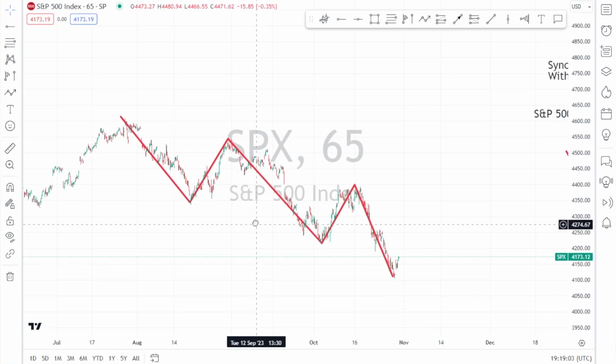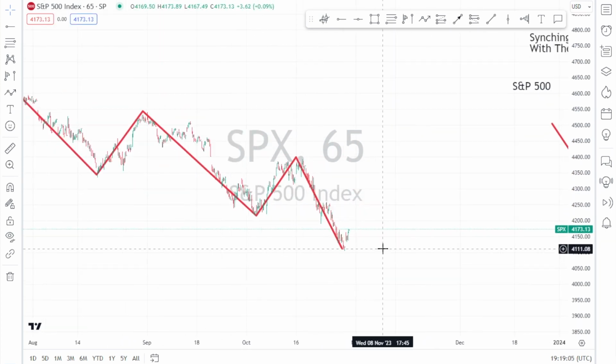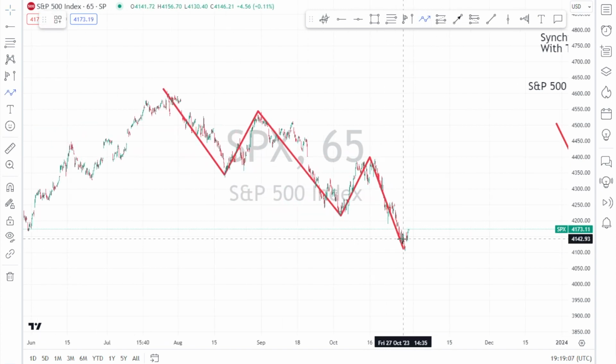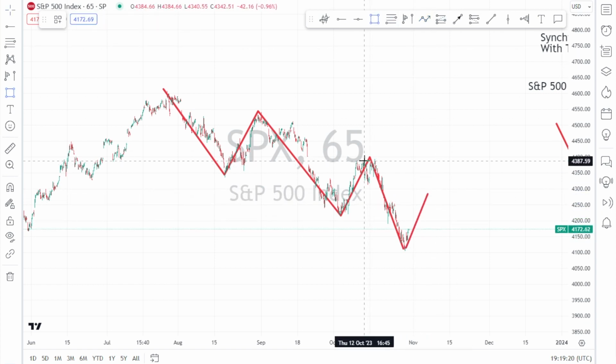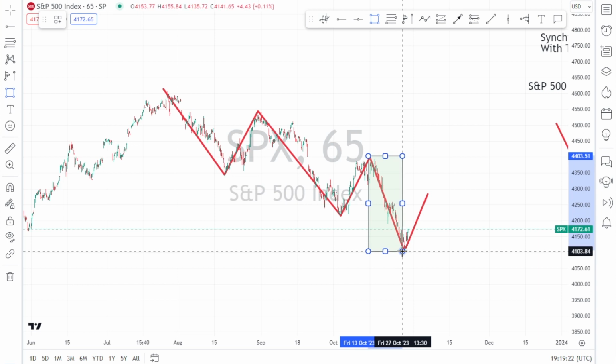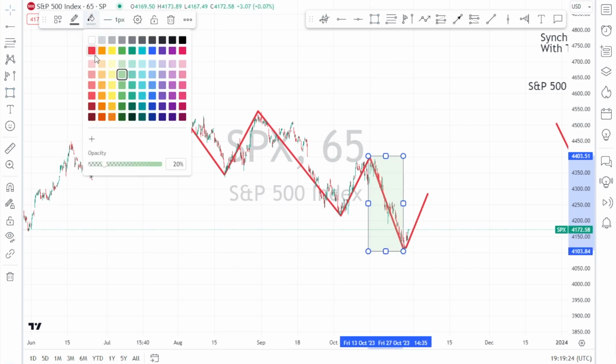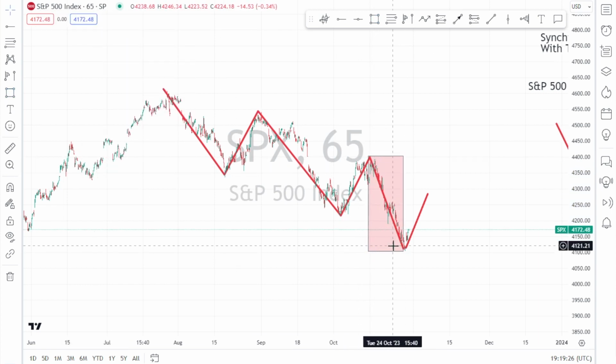Just like that. Now, what we'd expect to see, the anticipated motion here, would be a correction. And that correction could be anywhere from here to the top of this box. So let me just, the top to this prior swing high here. All right, so there's a swing high.